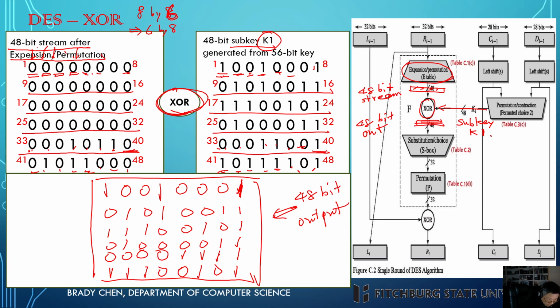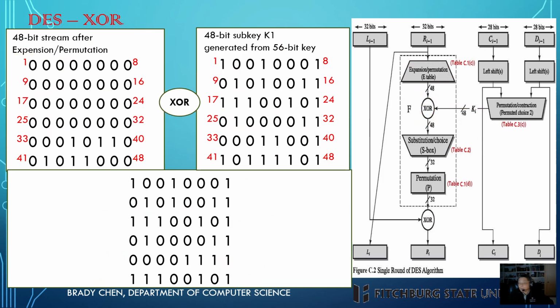So we're now here. The next process is going to be the substitution choice. It's called the S-box. So that's the final result of the exclusive OR operation, as we have done in the previous slide. So we're here now.